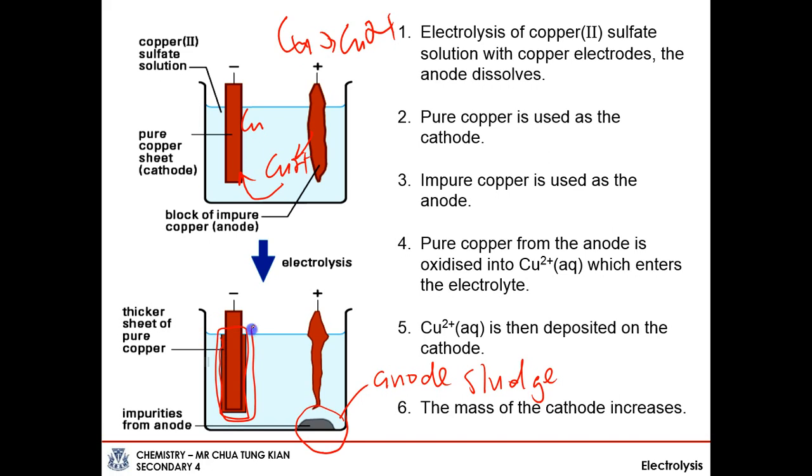So effectively, what I have done is I've extracted the pure copper from this impure anode and transferred it over to the pure cathode. If I used pure copper as the cathode, at the end of the day, what I will get is a very thick block of pure copper. So I've effectively purified the impure anode.